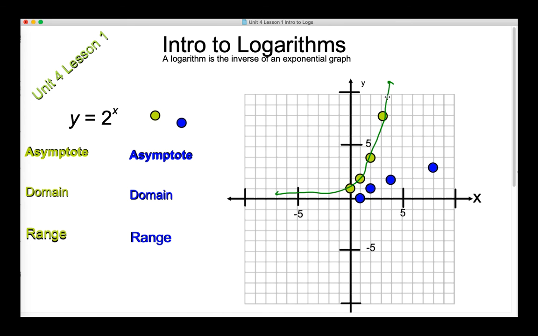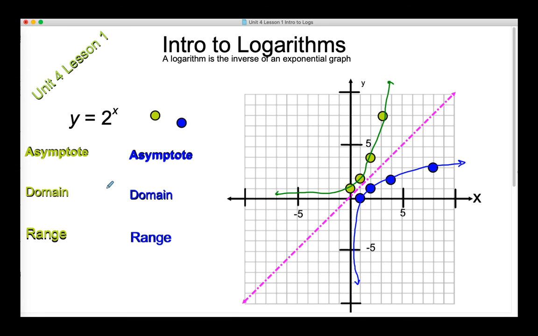Now, since this exponential graph gets very close to the x-axis, the inverse of that would be getting very close to the y-axis, but not really touching it. So there is our new graph. And remember, inverses are always flipped over the line y equals x.